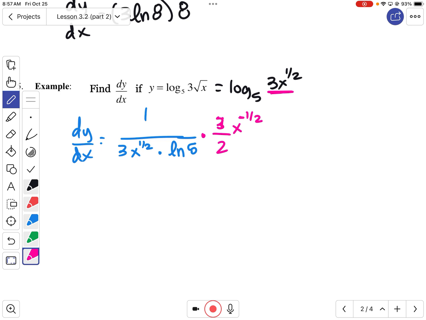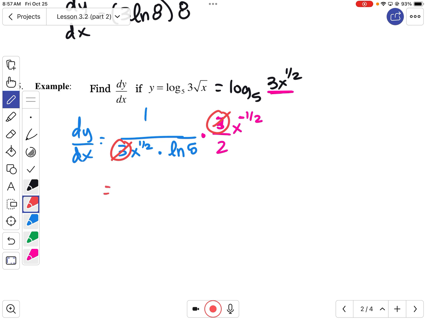So let's just look through this. Do you see anything coefficient-wise that's going to reduce? Because everything's multiplied. Well, I've got a 3 right here and a 3 right here. One's in the numerator and one's in the denominator. Everything's being multiplied. We can reduce those.